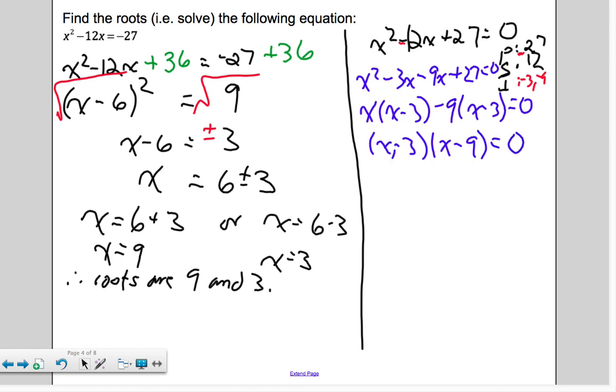Again, we want each of these to be equal to 0. So I'm solving for two equations. X minus 3 is equal to 0. X minus 9 is equal to 0. So therefore x is equal to 3. X is equal to 9. Got the same answer. Two different ways to get at the same answer.